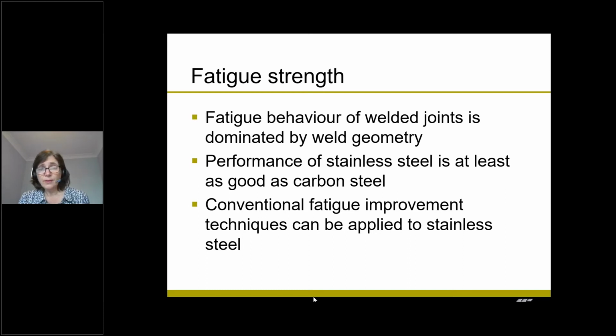And tests of a variety of welded joint geometries have shown that austenitic and duplex stainless steels perform very similarly to carbon steels. So the guidance in the Eurocodes is that you can use the Eurocode 1993-1-9 rules that have been developed for carbon steel. A number of these joint geometries have been tested for stainless steel.